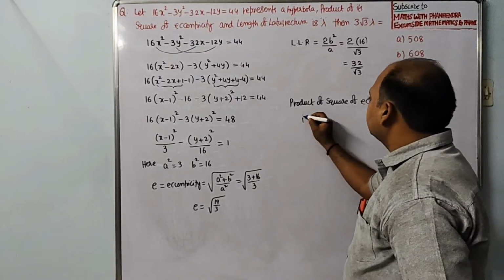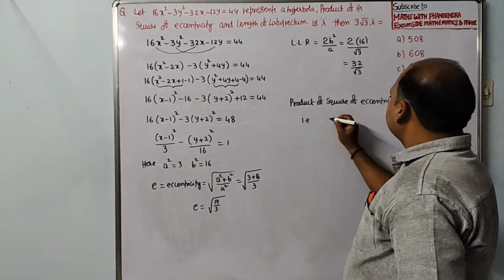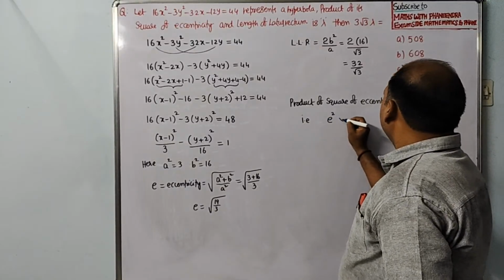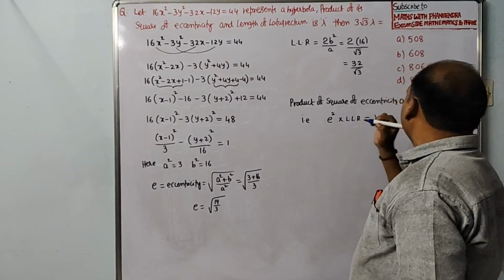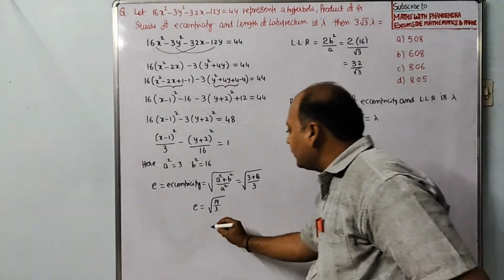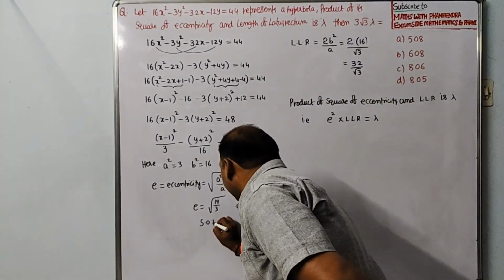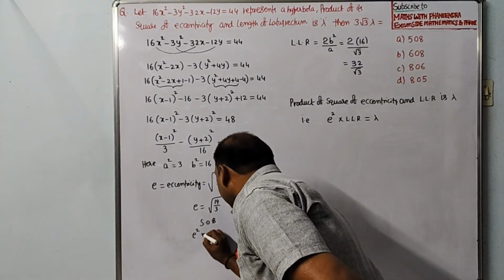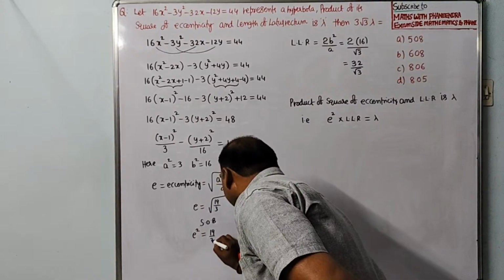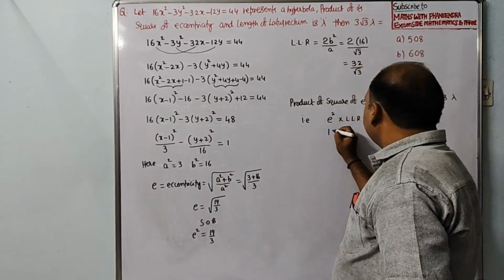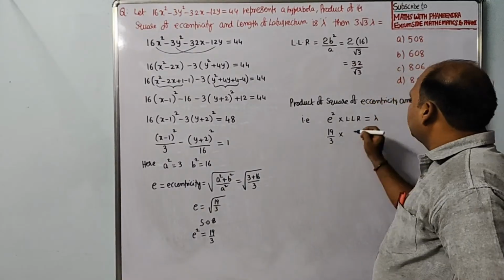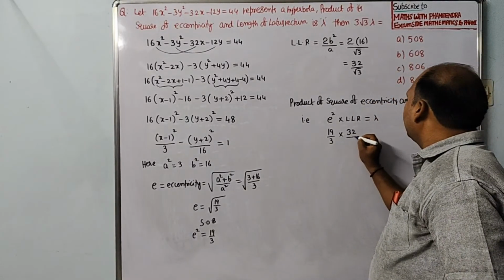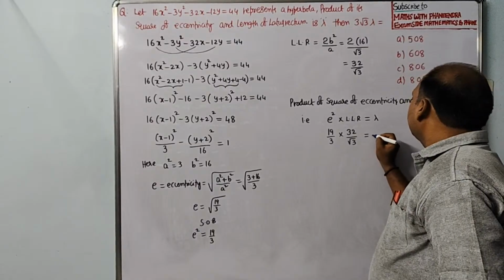That is, e² into LLR is equal to lambda. So what is e²? Squaring on both sides, e² is equal to 19 by 3. So 19 divided by 3 into LLR, 32 divided by root 3, is equal to lambda.